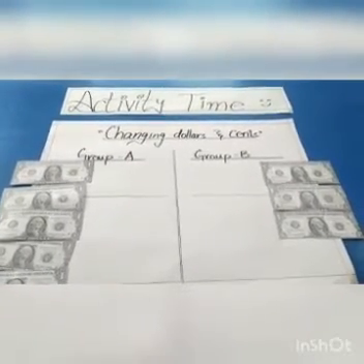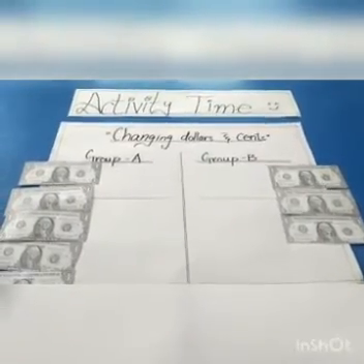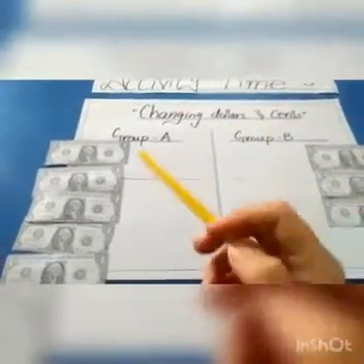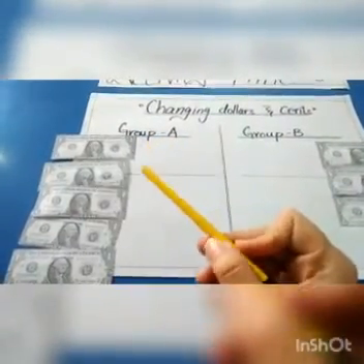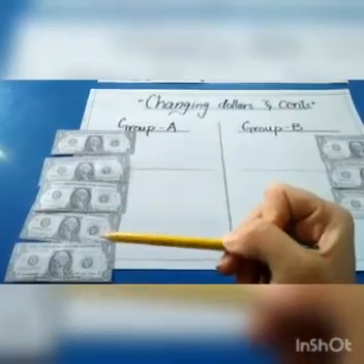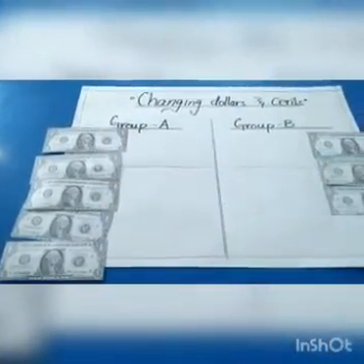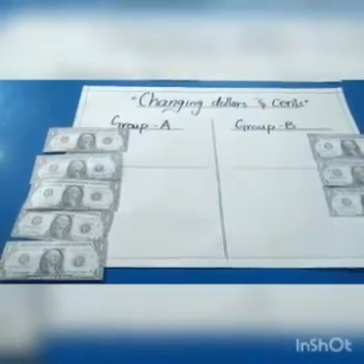Yes, it's our activity time class, changing dollars and cents. We have 2 groups, Group A and Group B. Let's start from Group A. How many dollars are there? 1, 2, 3, 4, 5. Yes, Group A has $5. Now Group A convert dollars into cents.